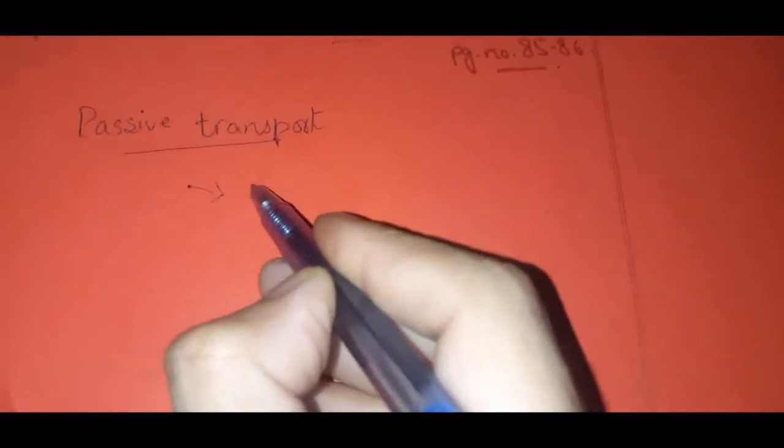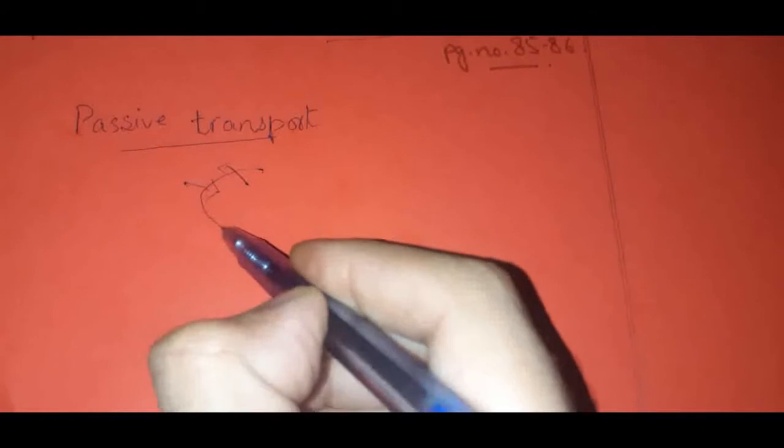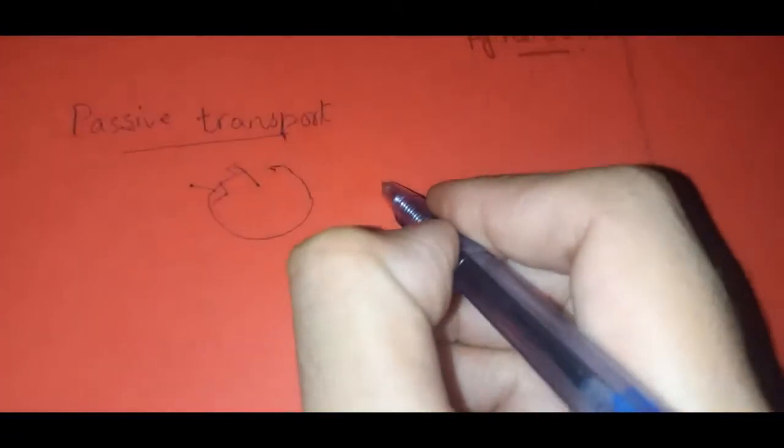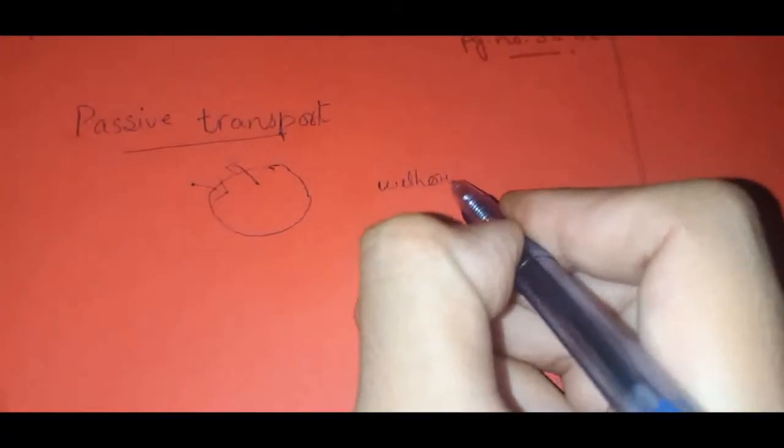Passive transport was the movement of molecules across a cell, meaning inside a cell or outside a cell, through a semi-permeable membrane, which is called the cell membrane or plasma membrane in the cells, right? So the movement of molecules across a cell without the requirement of energy.